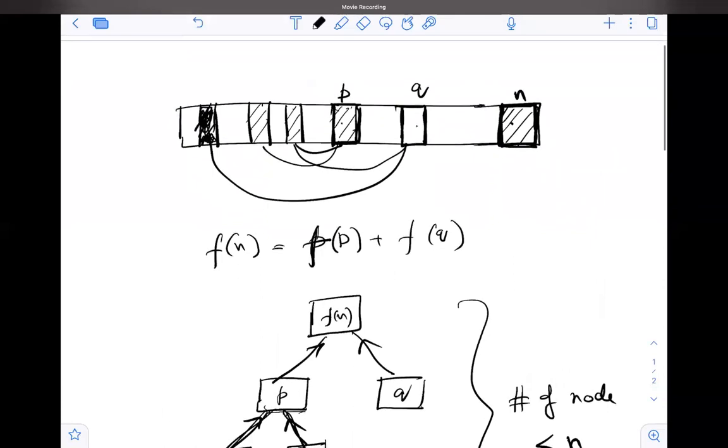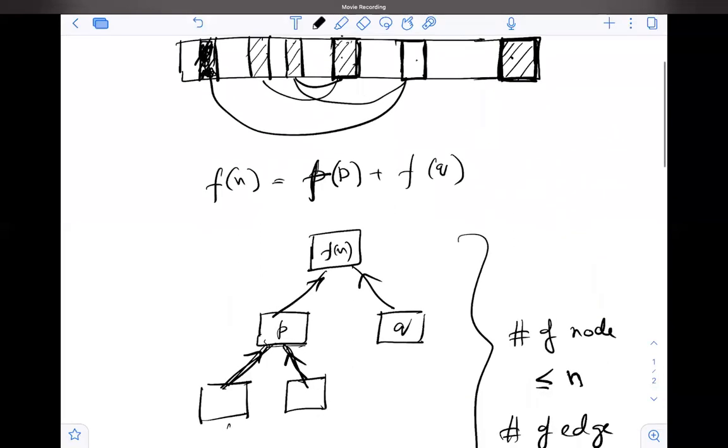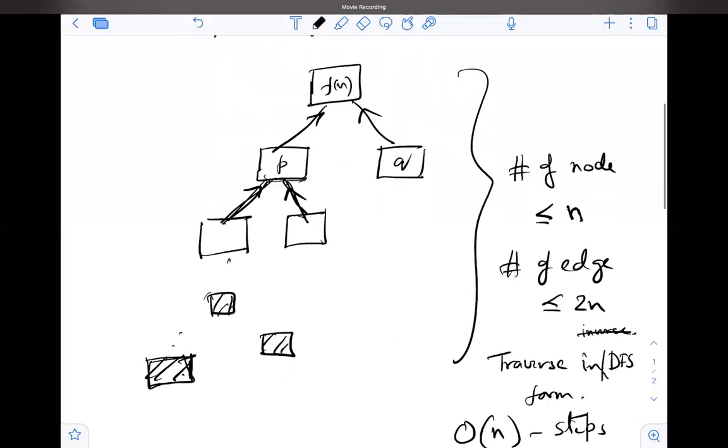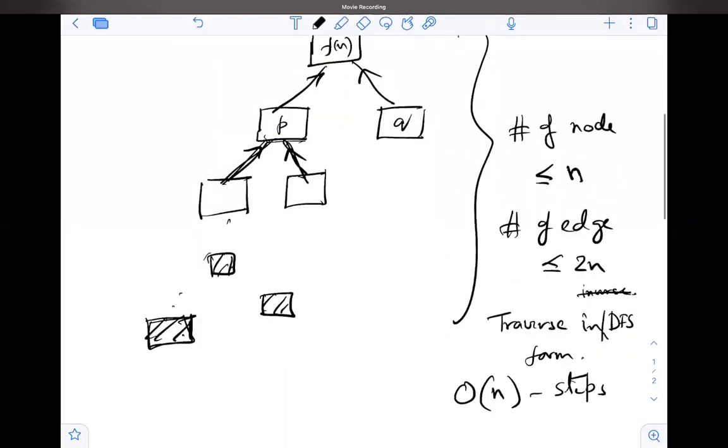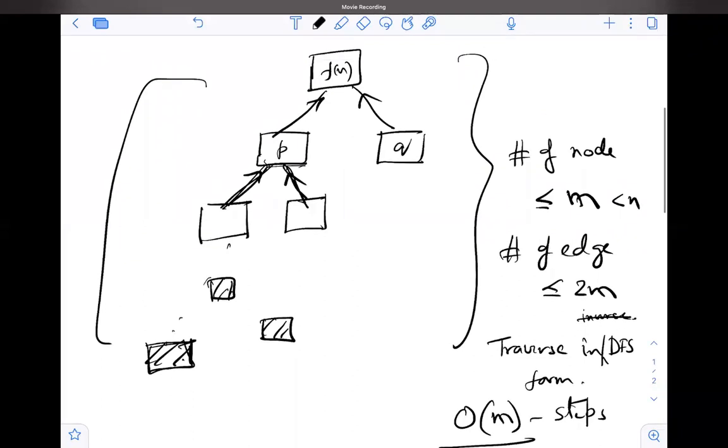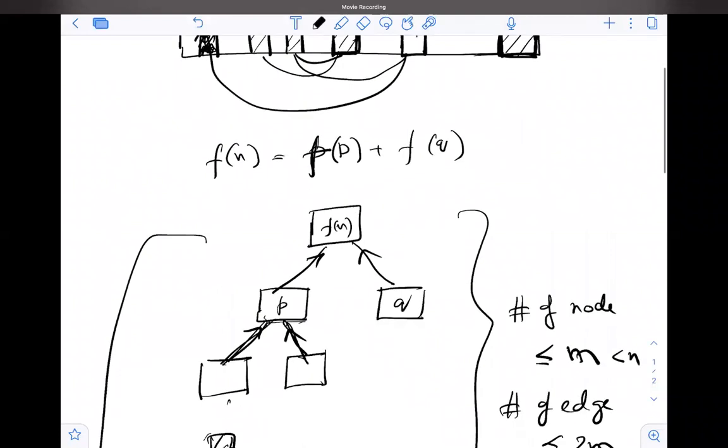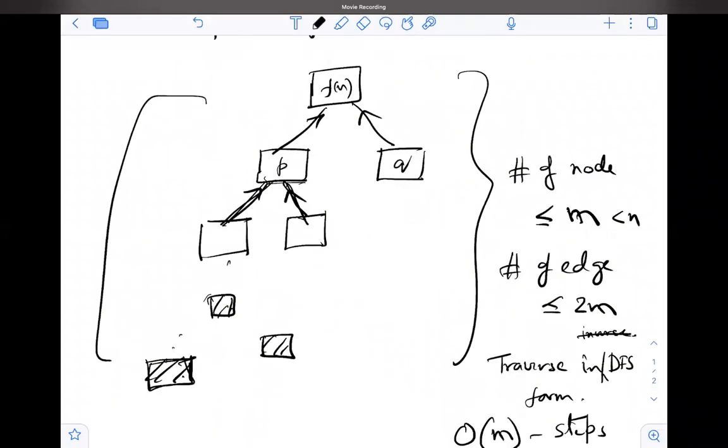In the dynamic programming approach, at least how I presented it, you don't try to optimize this. Here, the number of nodes is m, which is of course less than n, so the number of edges is twice m. If the number of nodes is very small compared to the n that I'm trying to calculate, this algorithm is faster than DP.